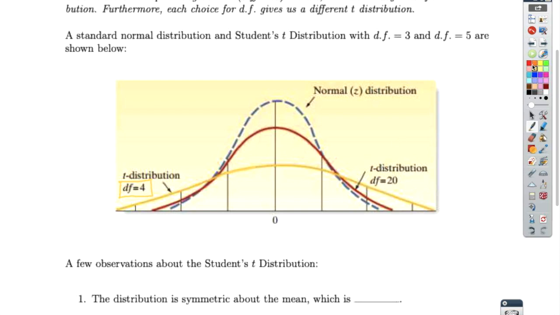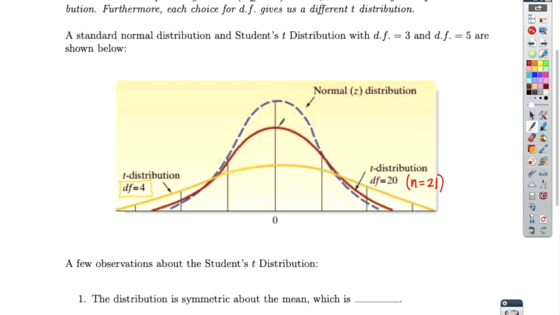Now, if we increase our sample size, in this case to 21, which makes our degrees of freedom 20, you'll notice this red distribution is a little bit taller. We've got a smaller standard deviation, so this is concentrated around the middle a little bit more.